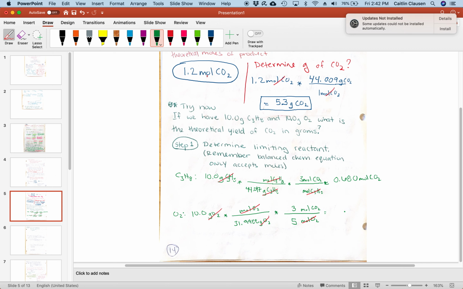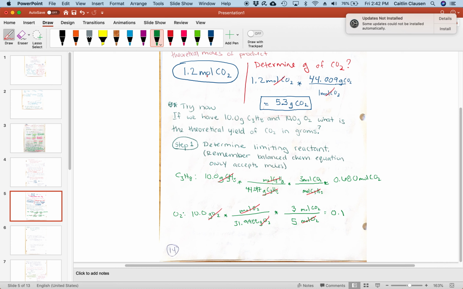Now I can do the math. 10.0 divided by 31.9988 times 3 divided by 5. And again, lowest sig figs are these.